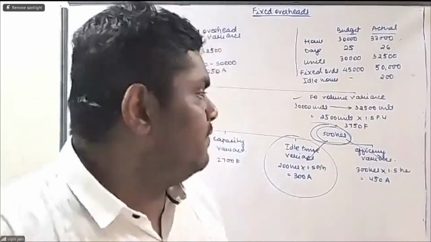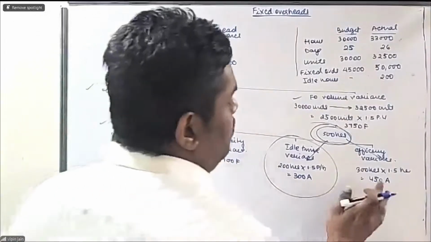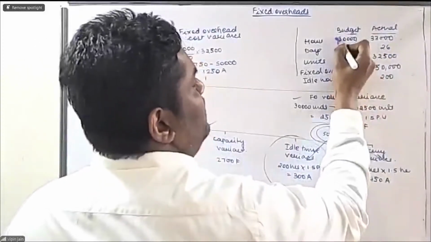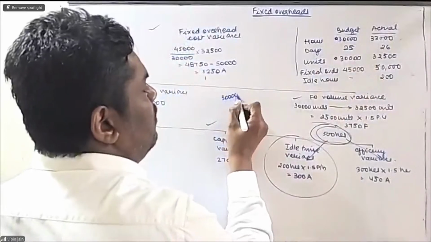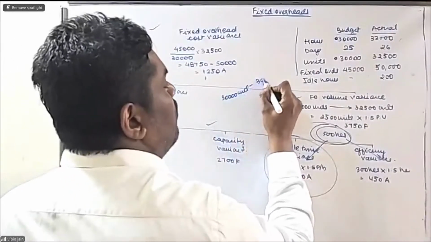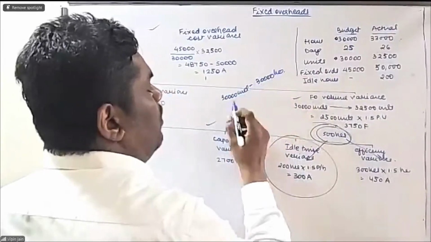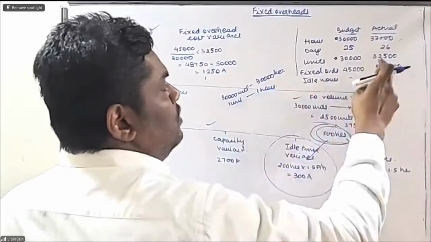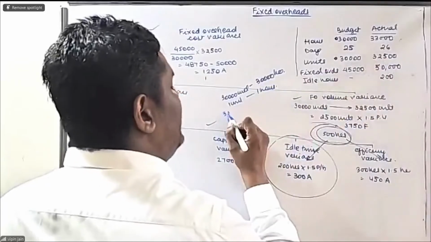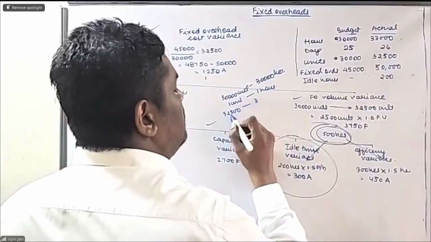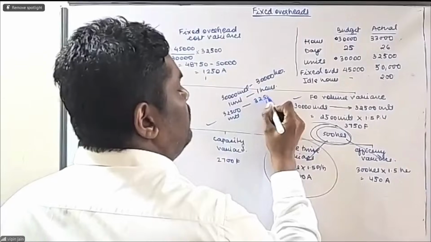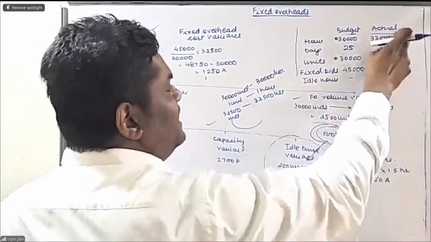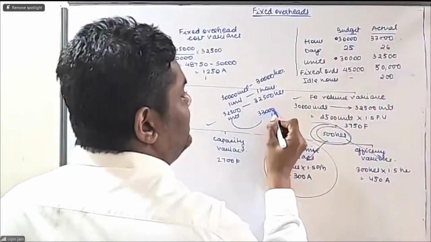Nitin Prajapati, as I've already discussed, about how I calculated 500 hours: 30,000 units, 30,000 hours. So one unit, how many hours? 1 hour. So 32,500 units, how many hours should we have taken? 32,500 hours. But for these 32,500 units, how many hours did we actually take? 33,000 hours.